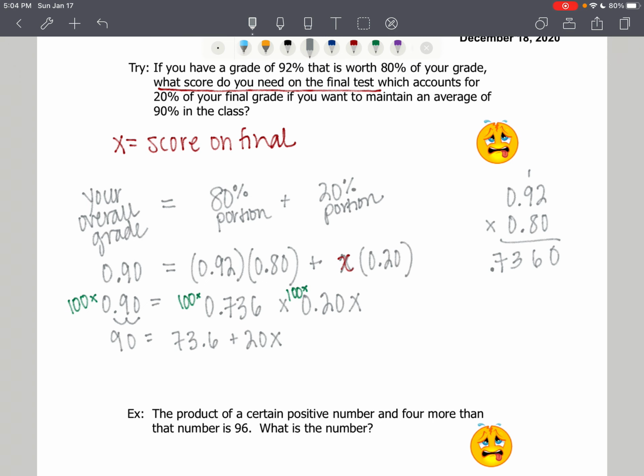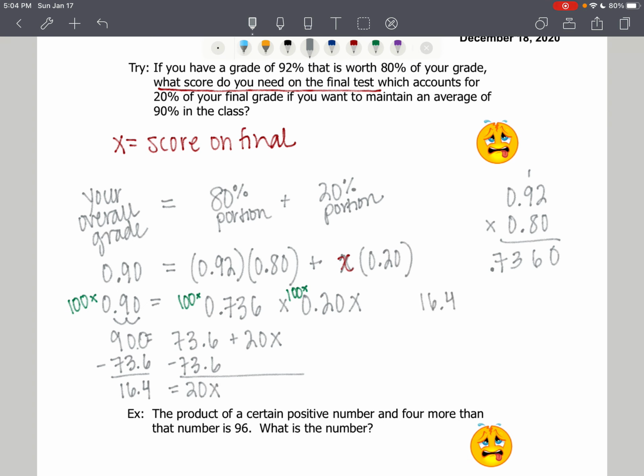Now I can subtract 73.6 from 90. And when I subtract that, I'm going to get 16.4. 16.4 equals 20x.